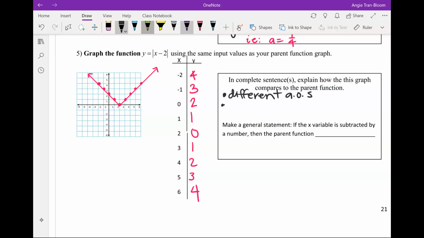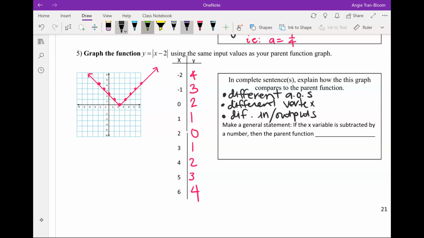Different vertex. Yes. Different vertex. Okay. Alyssa, give me one comparison. What else? Different inputs and outputs. Different inputs. A lot more. Okay. So looks like different inputs and outputs.